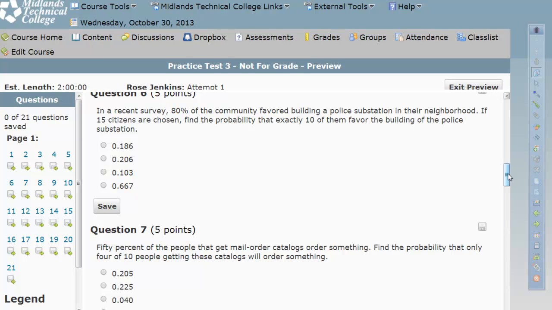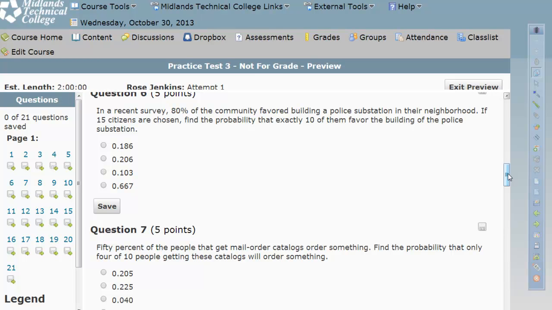We have a fixed number of trials, and the trials are independent. Okay, do we have that in this case? You still say no? Okay, well, what are the outcomes if we ask a person, how do you feel about us building this police substation? They could say yes, I'm in favor, or no, I'm not. So that's 2 outcomes.